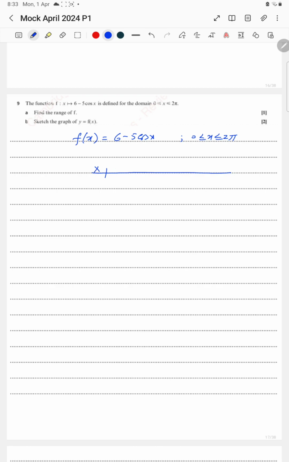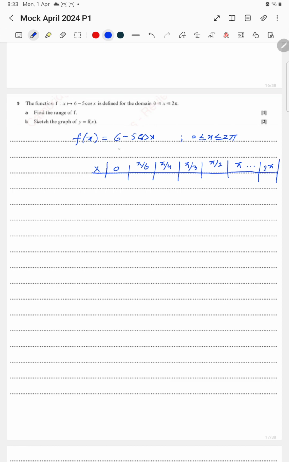So for x we can start from 0, then suppose a few in-between values, pi by 4, pi by 2, then pi, and finally 2 pi.